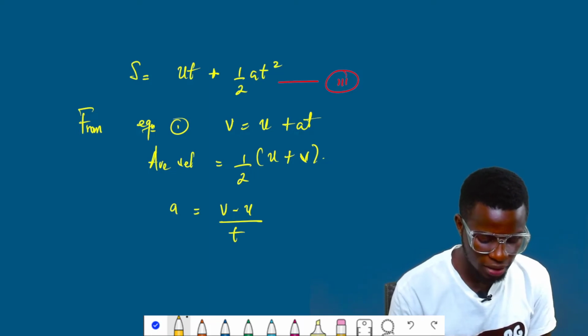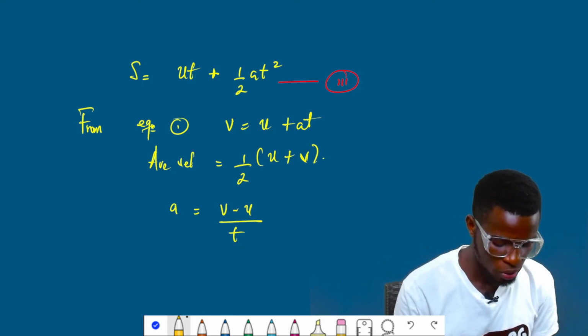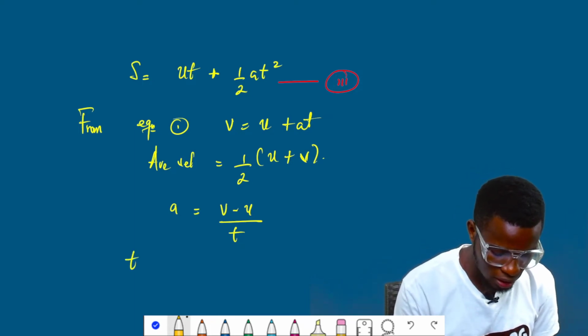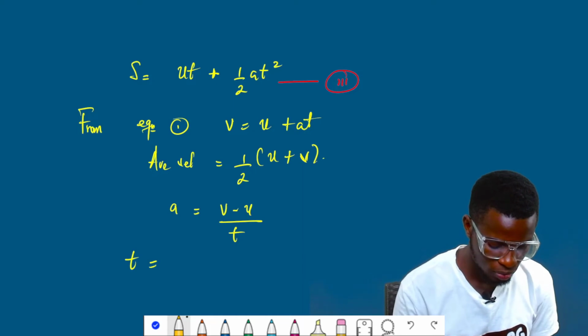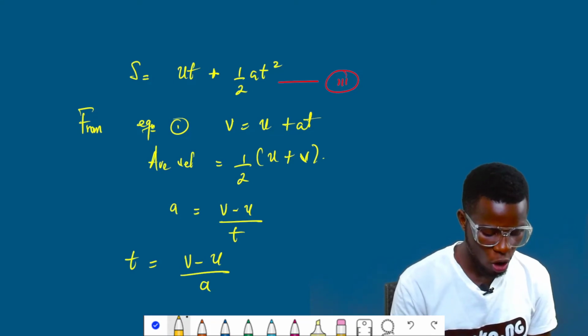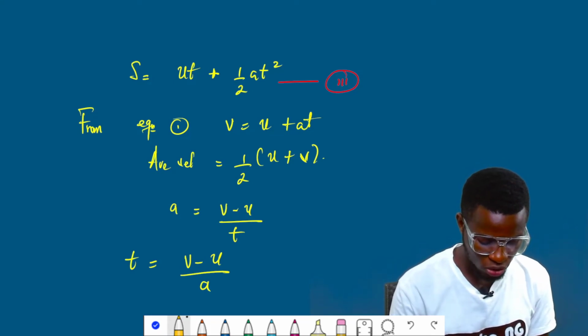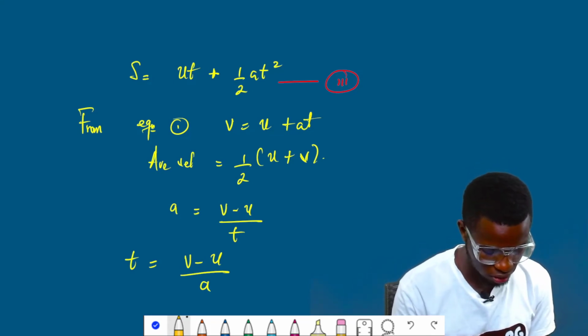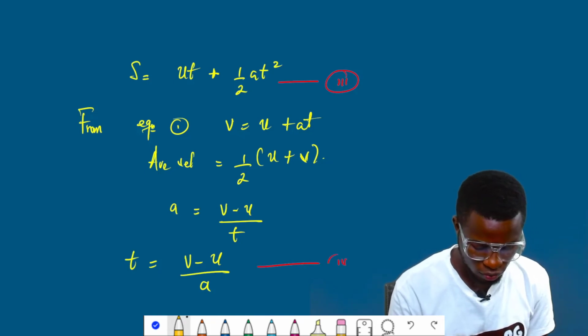Therefore, if we make t the subject of the formula in the acceleration equation, we have that t is equal to v minus u all over a. Let us call this equation 4.